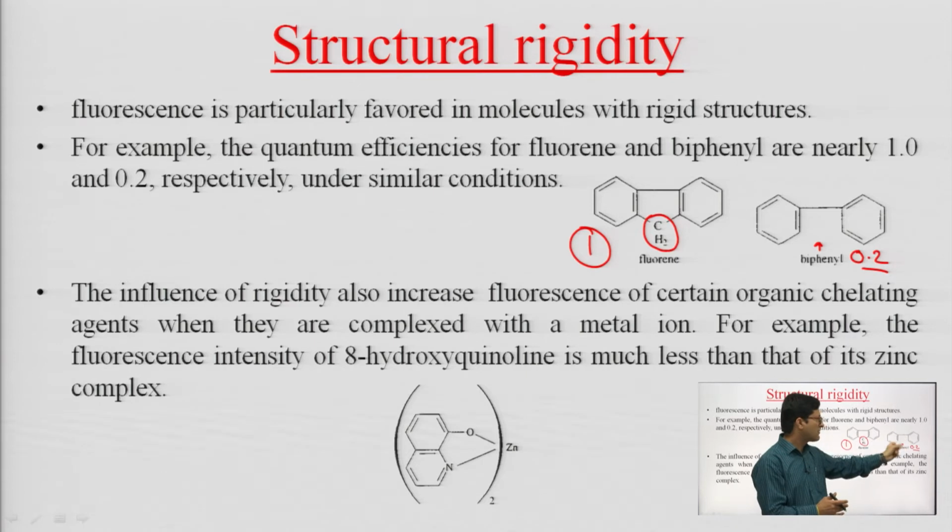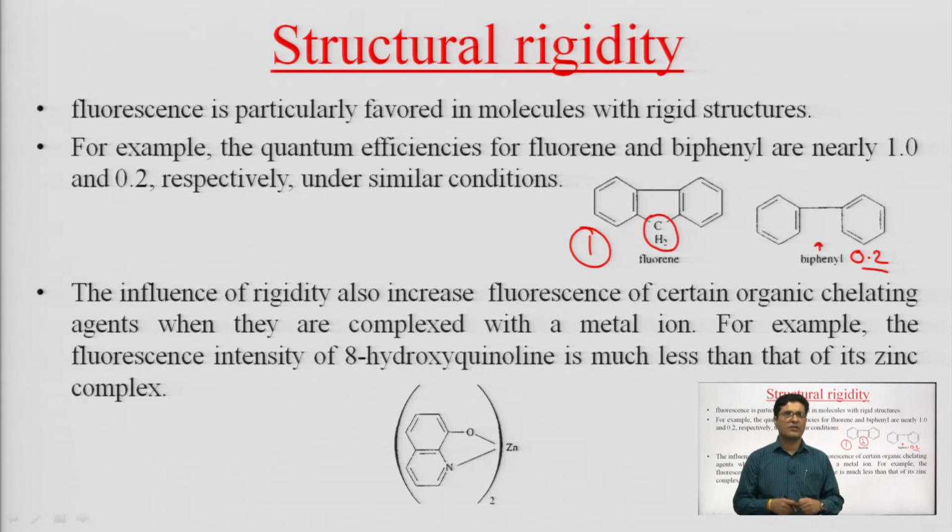So, the two aromatic rings can rotate easily about this single bond, and it has flexible orientations. This flexible orientation is generally not favored or not required for the fluorescence. So, for better fluorescence, the structure must be rigid in nature.